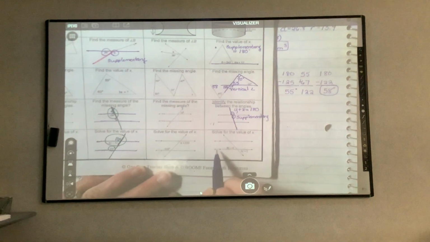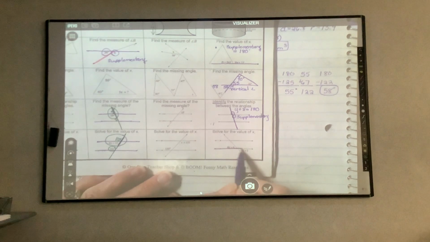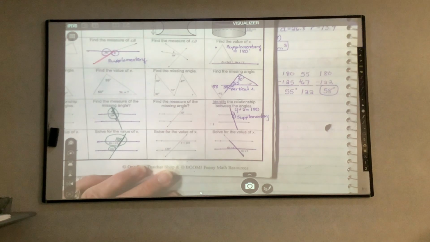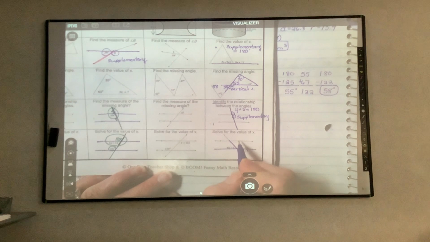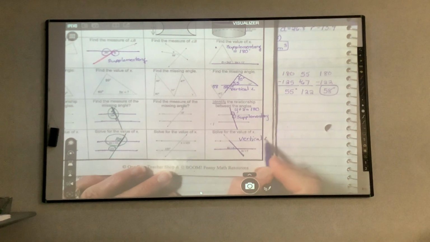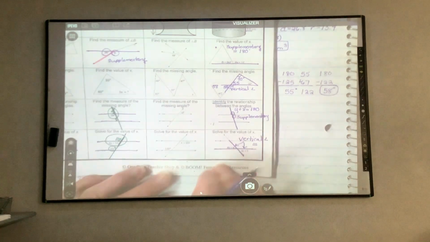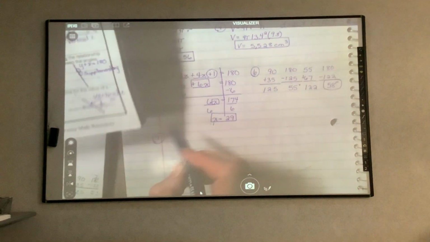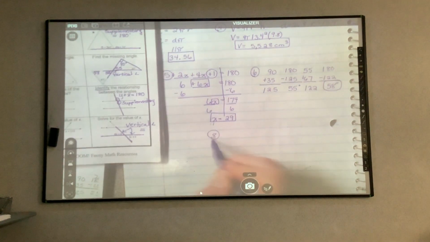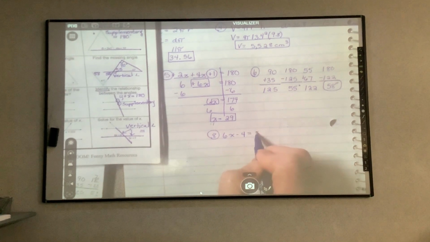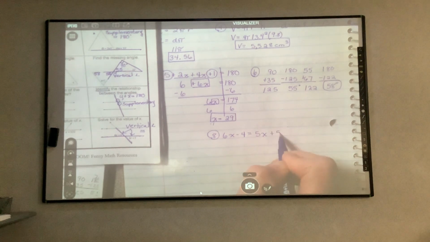For number 8, these two angles share the intersecting lines. They are across from each other. Those are called vertical angles. So that means they have to equal each other. So then on my paper, I have 6x minus 4 equals 5x plus 5.